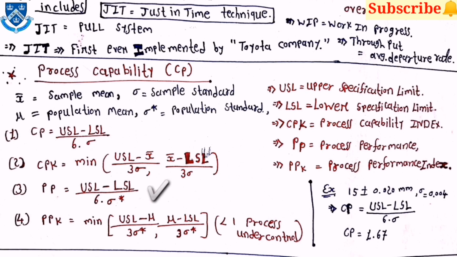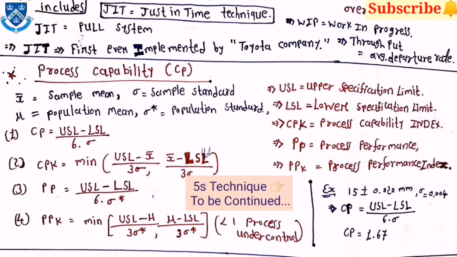Then PP is equal to USL minus LSL upon 6 sigma star, and PPK is equal to minimum of USL minus mu upon 3 into sigma star, or mu minus LSL upon 3 into sigma star. Then mu stands for population mean, then sigma stands for sample standard deviation, and sigma star stands for population standard deviation. Here in the PP, you have to consider the value of sigma star.